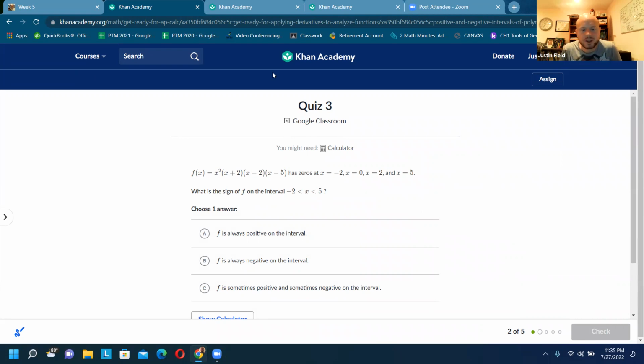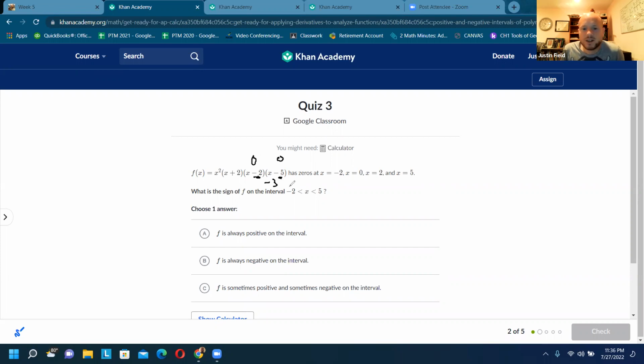Okay. So, all right. So let's think about that. The sign of f is the y value positive or negative. Well, we know that it's 0 here at 2 and it's 0 here at 5. But what about -3? -3 is in between -2 and -5.